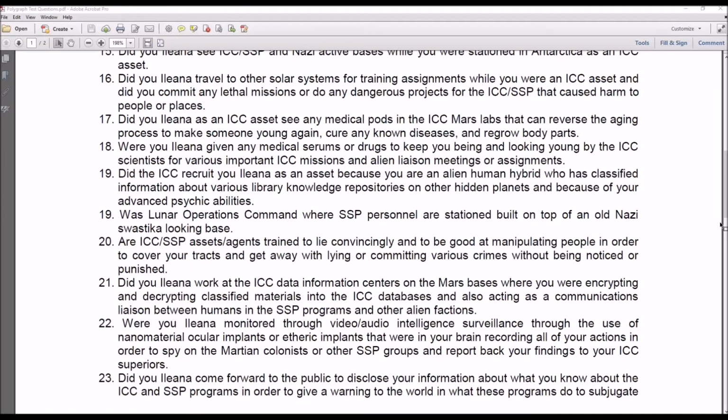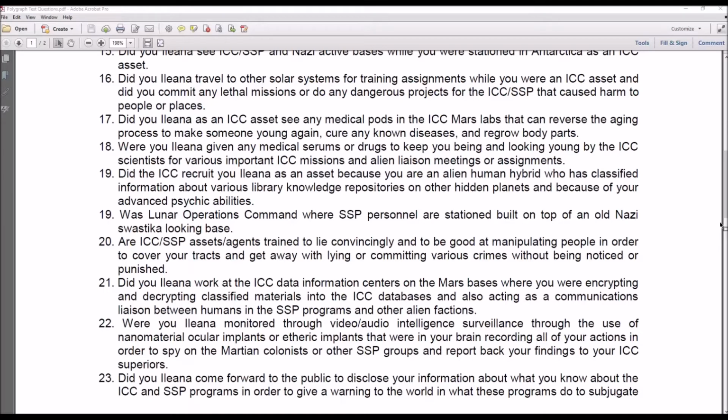Did you, Ileana, travel to other solar systems for training assignments while you were an ICC asset? And did you commit any lethal missions or do any dangerous projects for the ICC/SSP that caused harm to people or places? Yes.